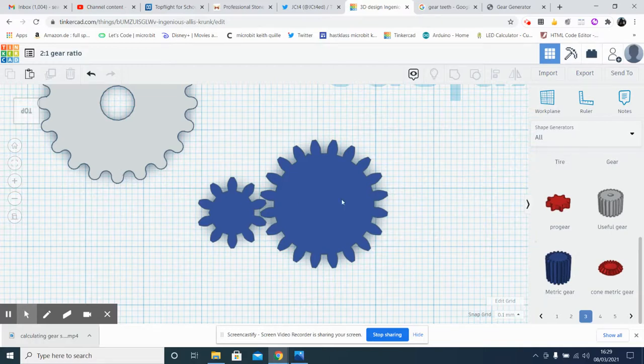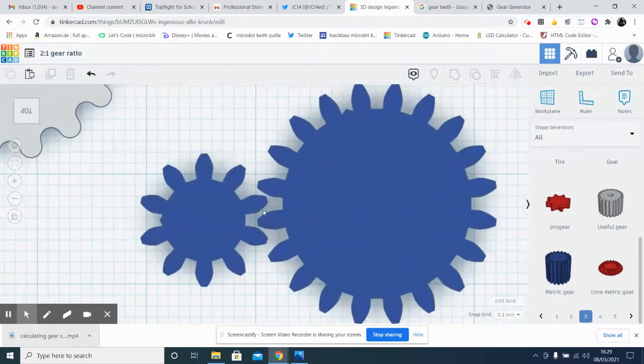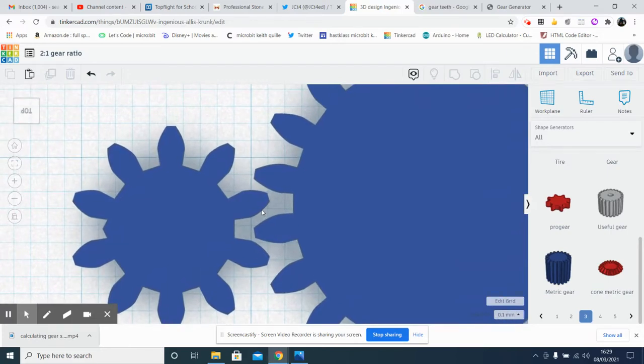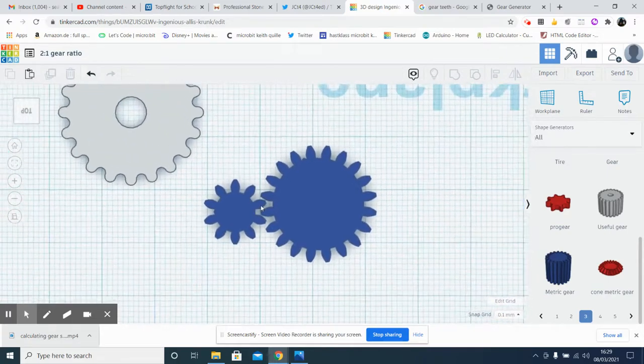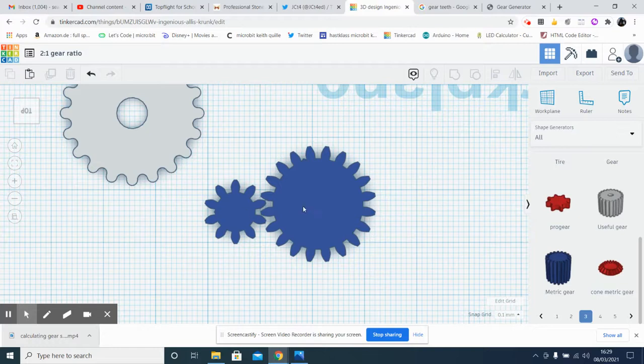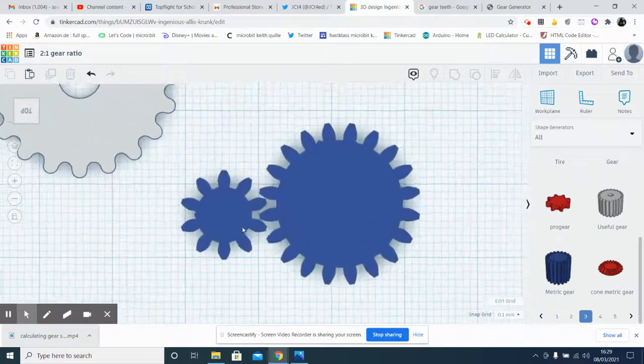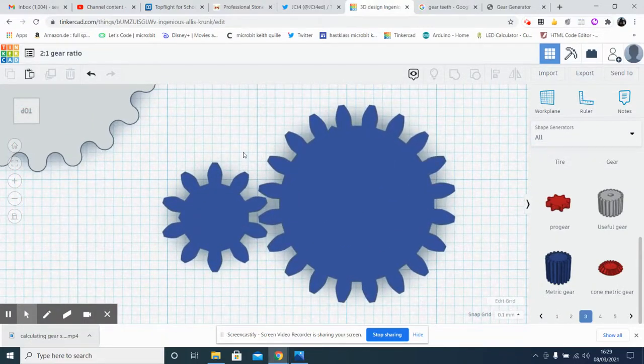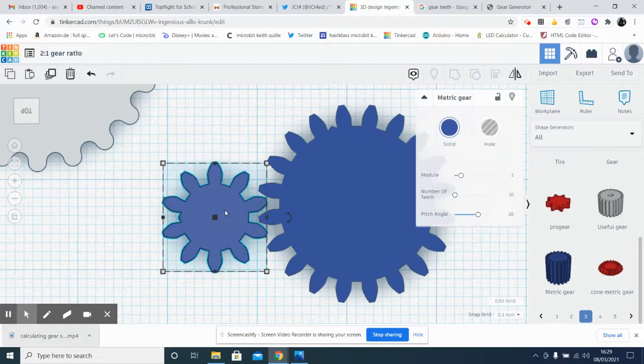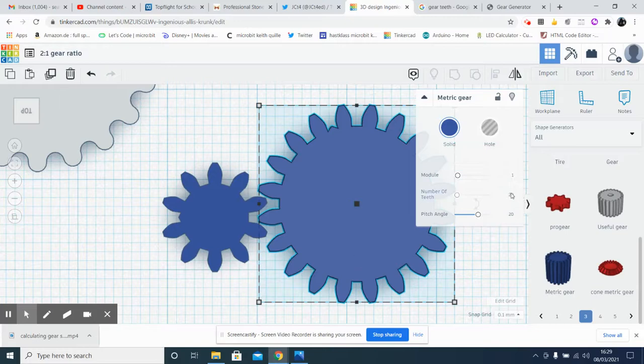This is the metric gear here in blue, and as we can see, the teeth are pretty accurate looking. It doesn't come with a central hole, but you could easily add that for whatever size shaft you want to use. This driver gear here has 10 teeth, and this one here, our driven gear, has 20 teeth.